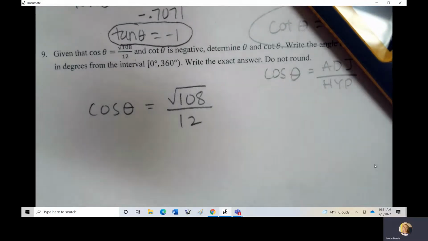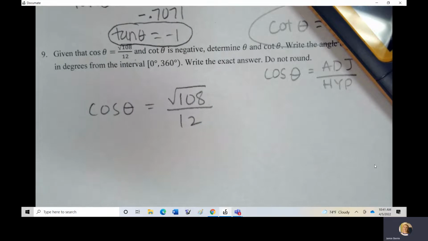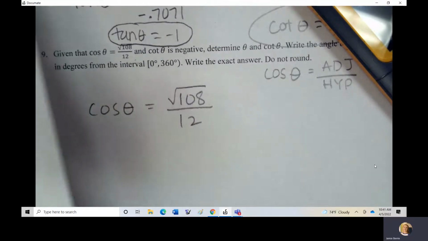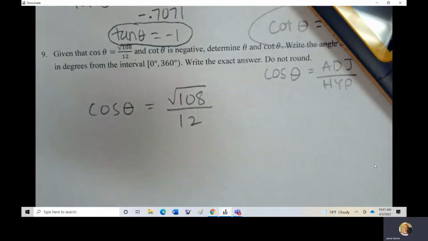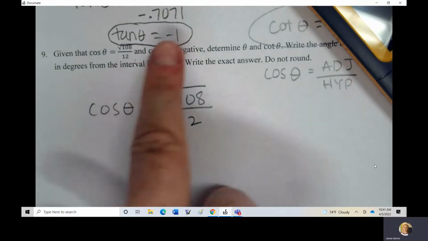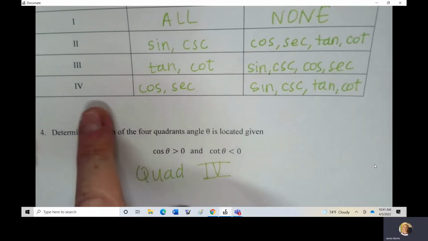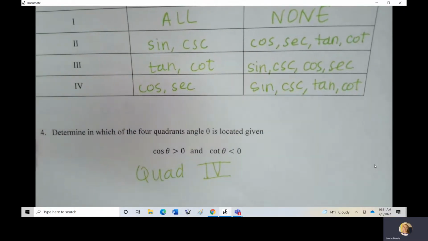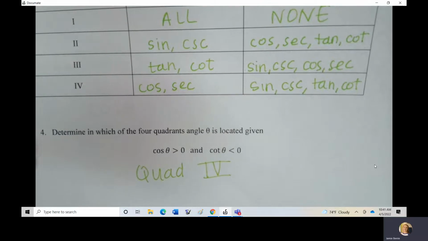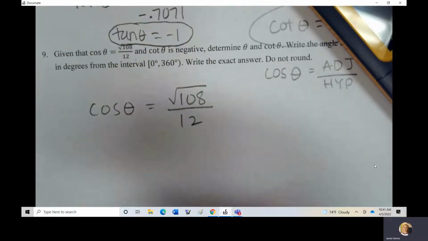It says that cosine is positive, square root of 108 over 12. So cosine's positive, cotangent's negative. Let's figure out what quadrant we're in. It must be in the 4th quadrant because cosine's positive, cotangent's negative. All right, so we're going to draw the picture.